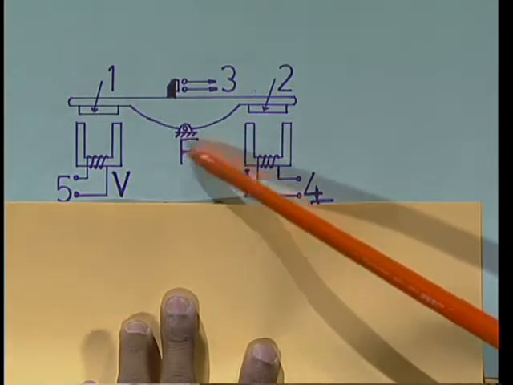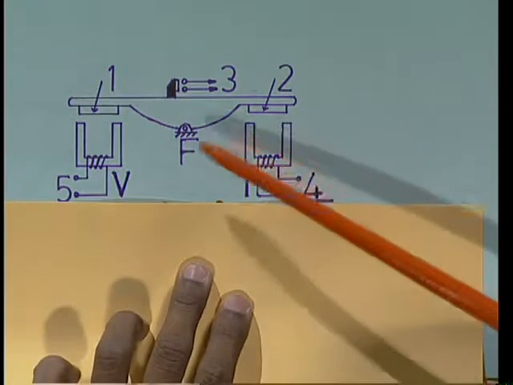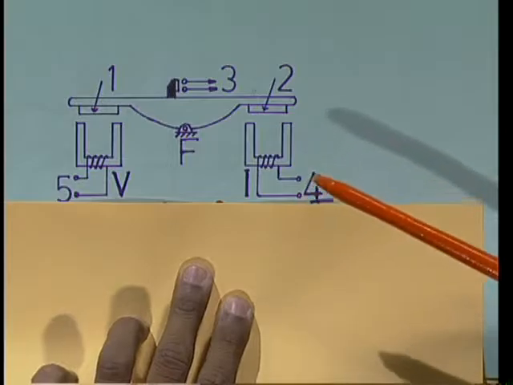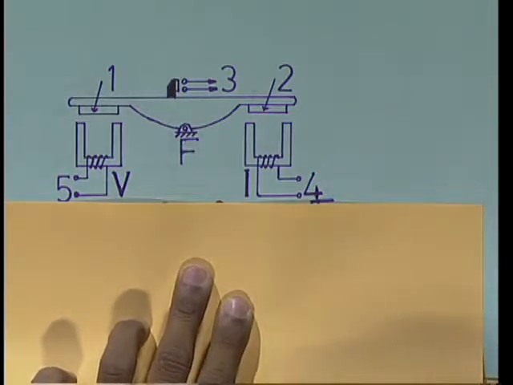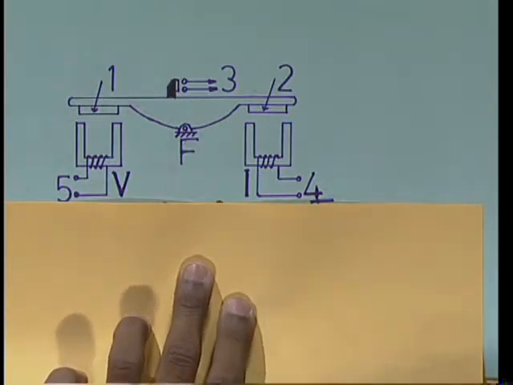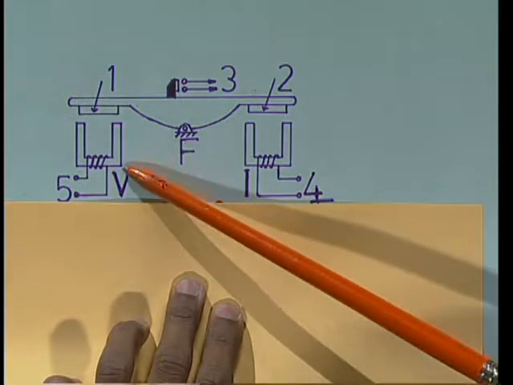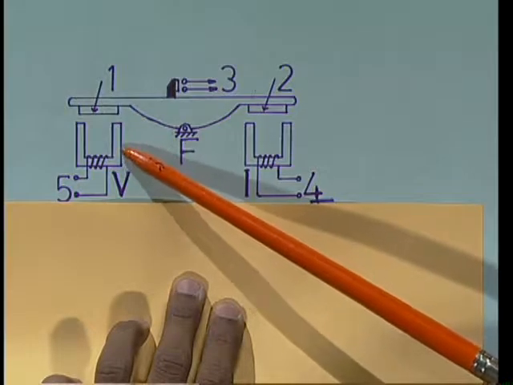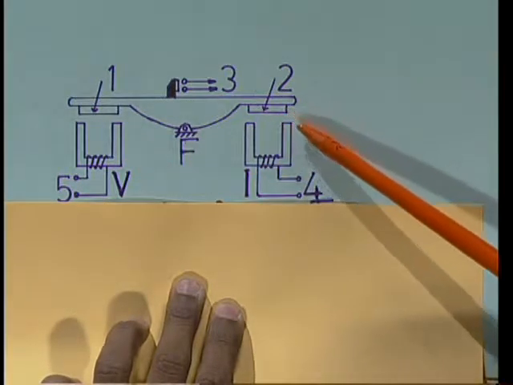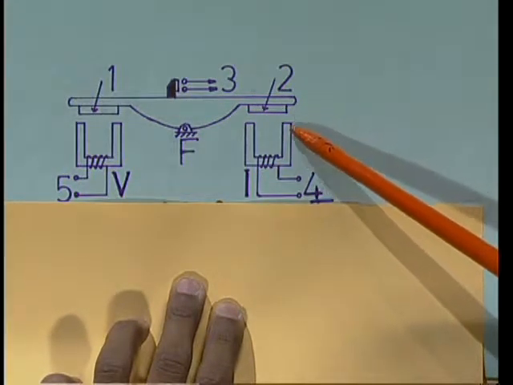So constructionally the relay is like this. Coming to its operation, under normal working conditions, the pull of the voltage magnet is greater than the pull of the current magnet.